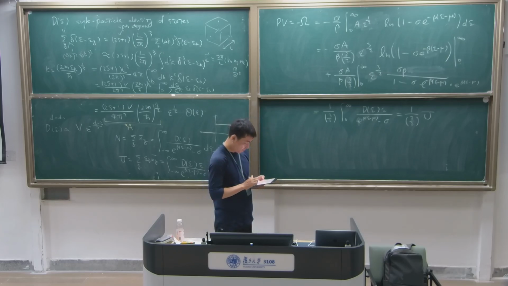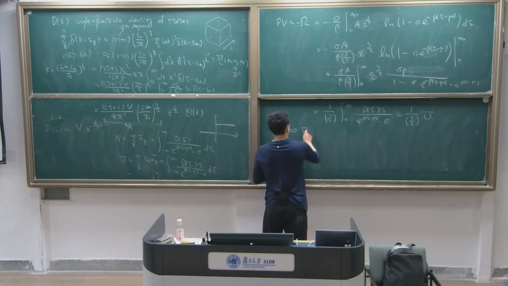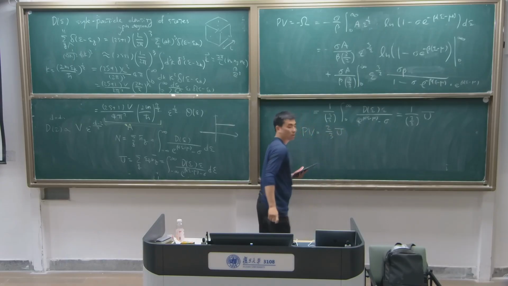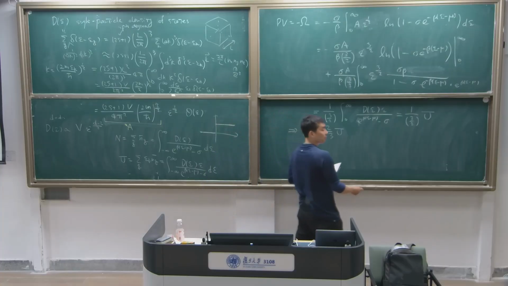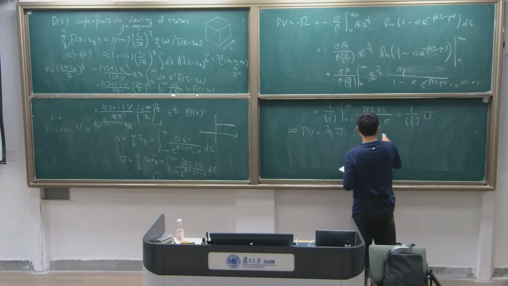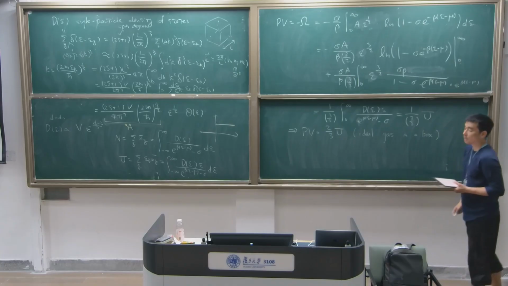So therefore, minus the grand ensemble potential, and then you get that PV equals 2/3 of U. So this is the very famous equation for the ideal gas. Ideal gas in a box.